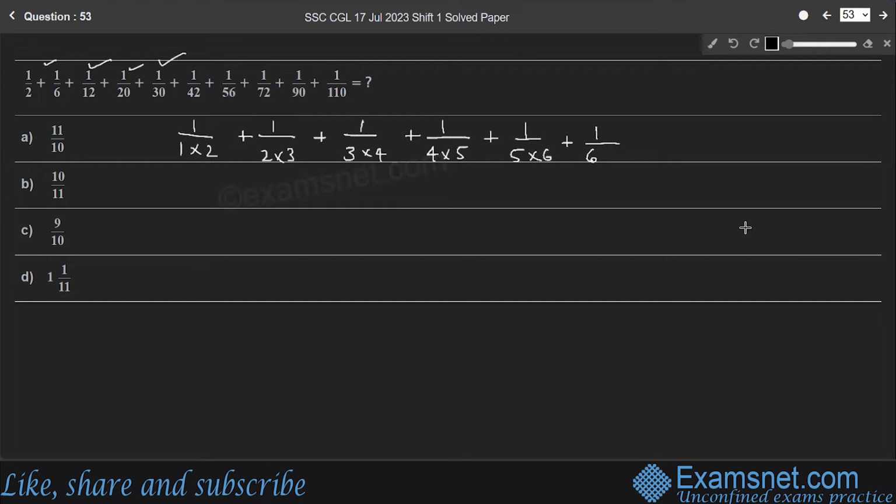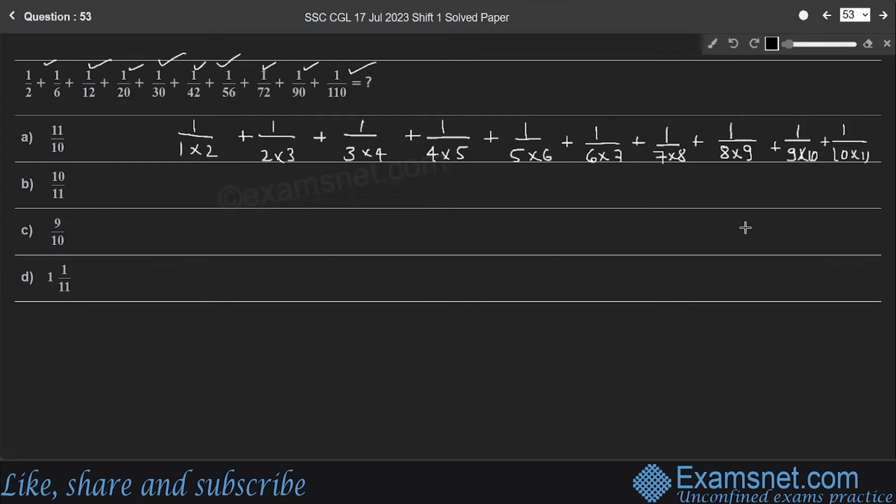Plus 1 by 6 into 7, plus 1 by 7 into 8, which is 56, plus 1 by 8 into 9, plus 1 by 9 into 10, plus 1 by 10 into 11.